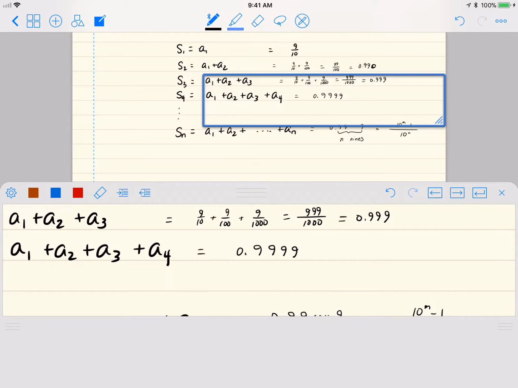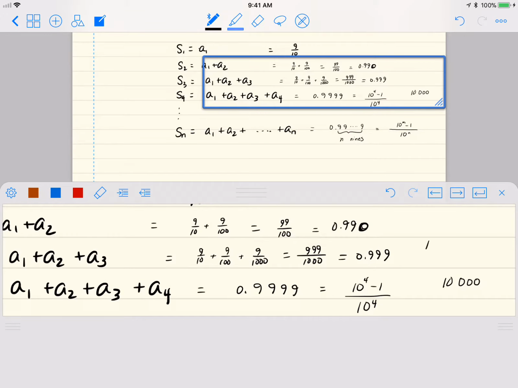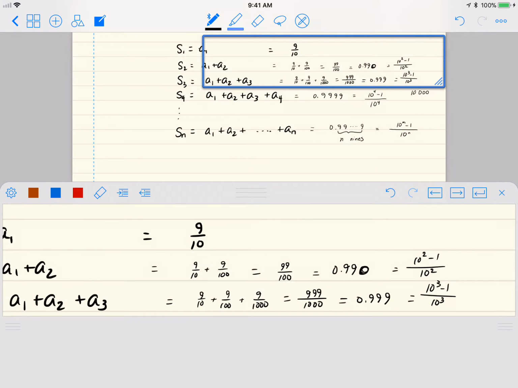So do you see here? This is the same thing as, the denominator is 10 to the fourth power, and so let me make sure, 10, 2, 3, 4, yes. 10 to the fourth power minus 1, right? This is 10 cubed minus 1 over 10 cubed. This is 10 squared minus 1 over 10 squared. And this is 10 minus 1 over 10.